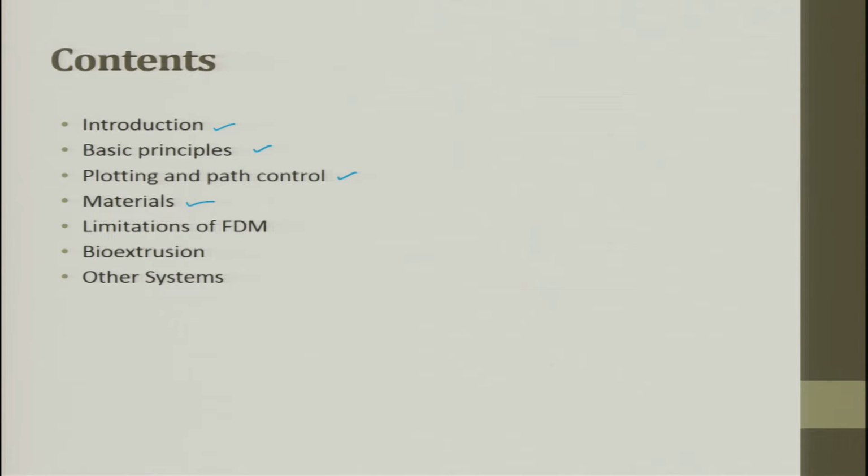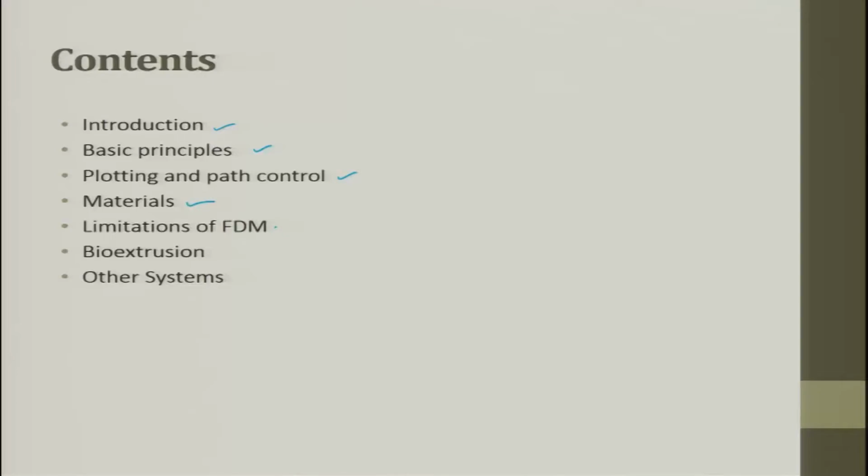For example, tissue printing is something which is talked about more today. The starting material is a polymer, and you make the composition of the polymer such that you can print tissues, and these tissues can be interfaced into the body and become an original part over a period of time. Then we will also see the limitations of the FDM process, bio-extrusion and the other systems in this lecture.